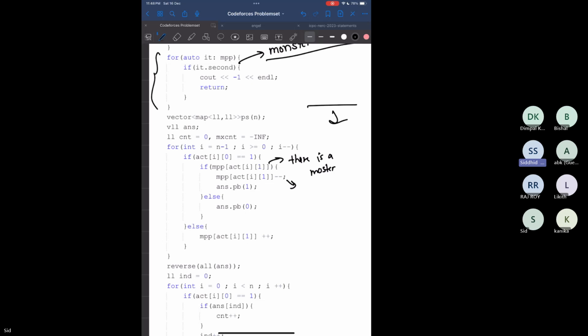So for this, I am making an answer vector where we keep track of whether I'm taking it or not. If there is a monster and we take that potion, I am pushing back 1. If there is no monster, we will not be taking that potion, thus we push back 0. Otherwise, if we encounter a monster, we increment that type. Since we are moving from the back, we will need to reverse our array.